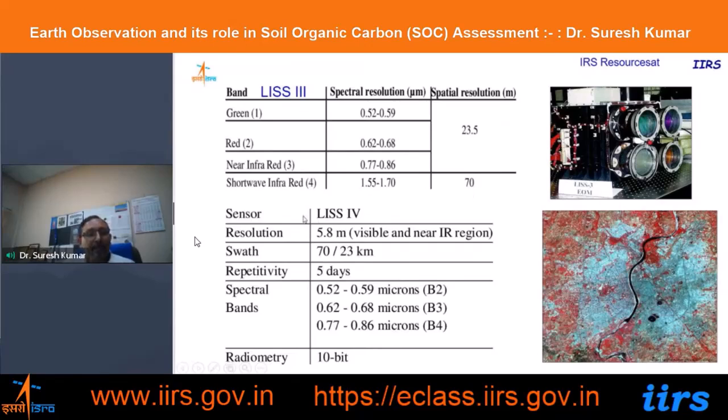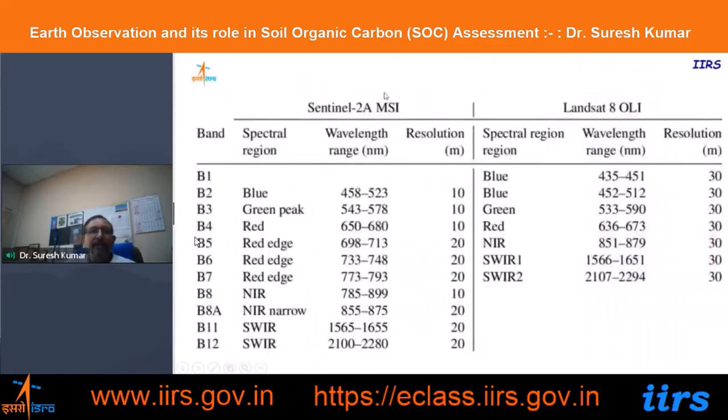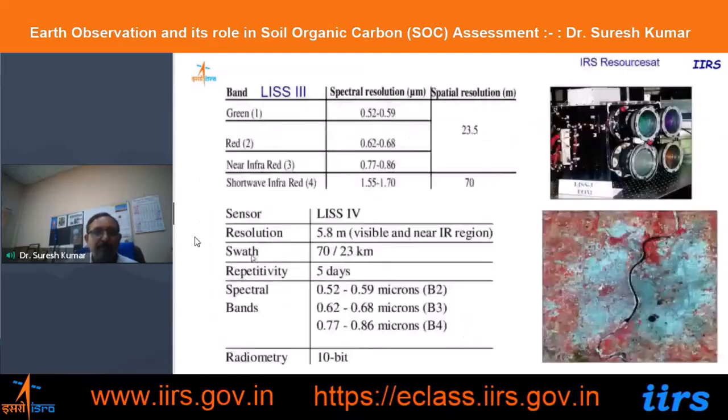And if we see the Indian remote sensing advanced sensor, that is LISS-4, it provides 5.8 meter spatial resolution with 5 days repetitivity, but there are only 3 spectral bands: green, red, and infrared. So we have limited spectral bands here, but if you go to the Sentinel satellite data, we have a large number of spectral bands which can be utilized for mapping of soil properties.